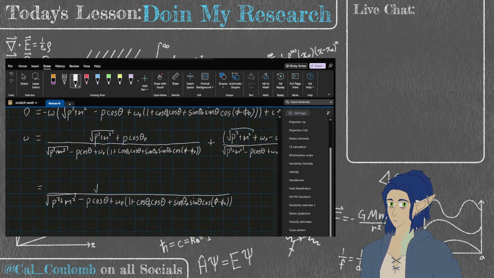That's all on bottom, and then on top we have p squared plus m squared plus p cosine theta naught.